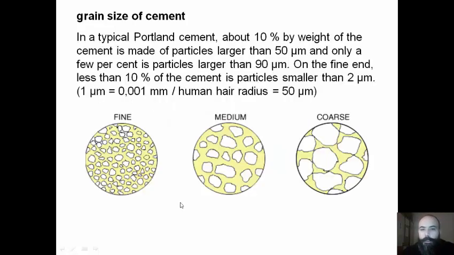In a typical Portland cement, about 10% by weight of the cement is made of particles larger than 50 micrometers, and only a few percent is particles larger than 90 micrometers. On the fine end, less than 10% of the cement is particles smaller than 2 micrometers.